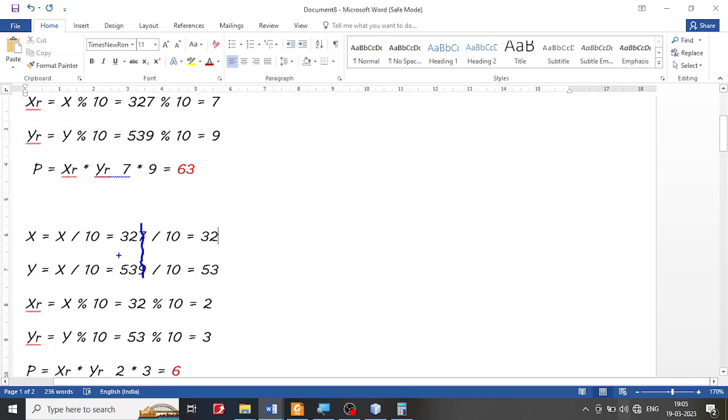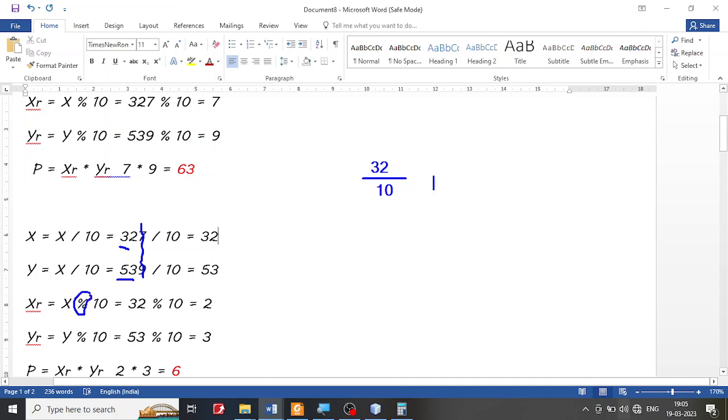Now you are left with 32 and 53. Perform the same operation. What is that same operation? Take the x first, that is x is 32 now. Divide it by 10. However, the division that you are going to use is the remainder, that is the modulo division.